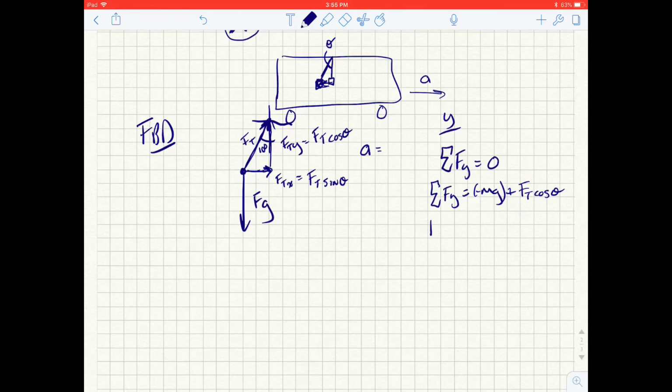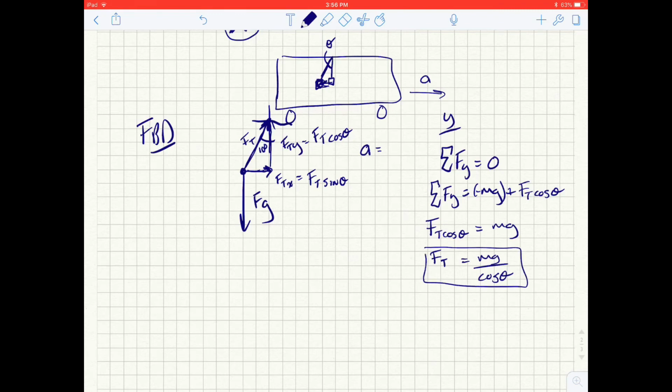So we can say that Ft cos theta is equal to mg. And so the tension force in the string, and I'll show you why I'm simplifying in terms of the tension force, is going to be mg divided by cos theta.